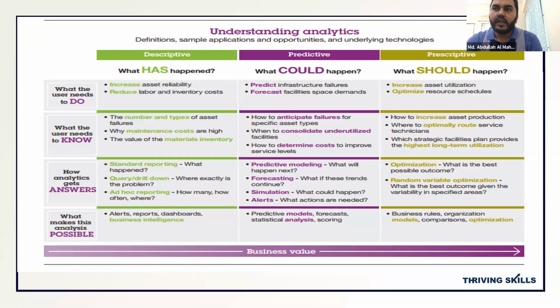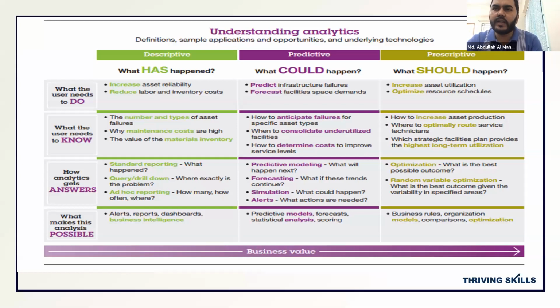But in case of predictive analytics, it is a kind of inferential statistics. We are talking about what's going to happen. We don't know about the future, but based on the previous data, we can predict what's going to happen.